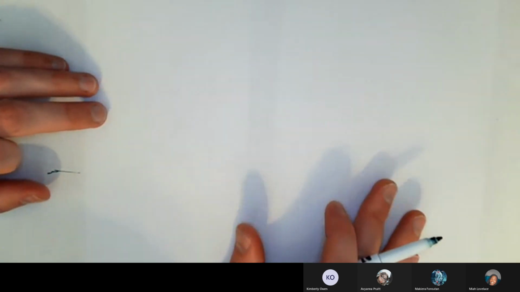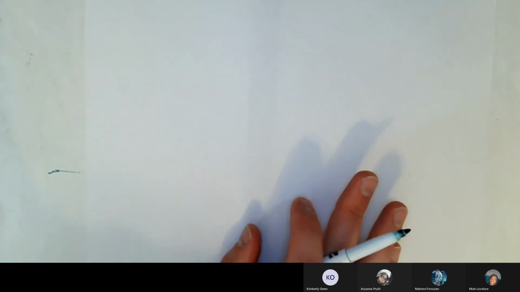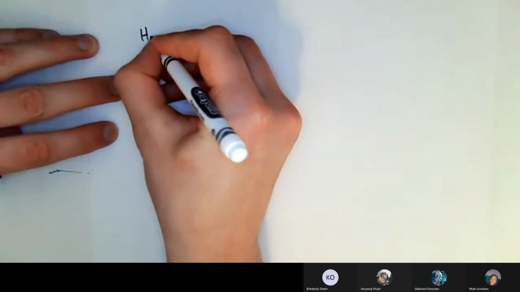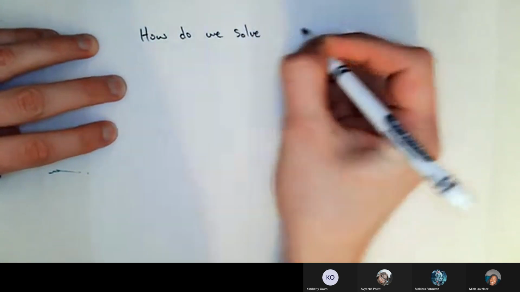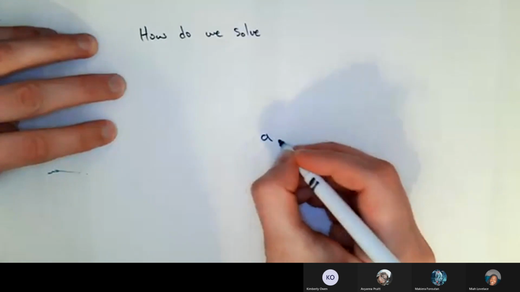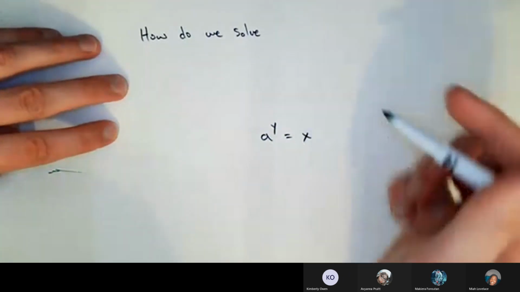So let's review what we've done so far with logarithms, and just really want to make sure everyone understands what a logarithm does for us. So the question is, let's say we have this kind of equation, a raised to the y is equal to x.